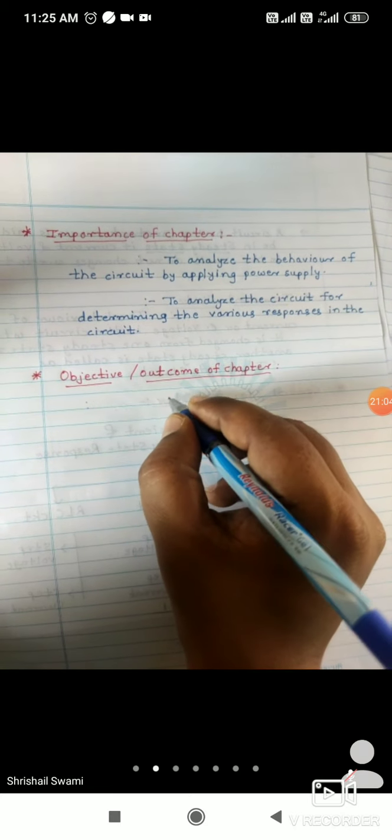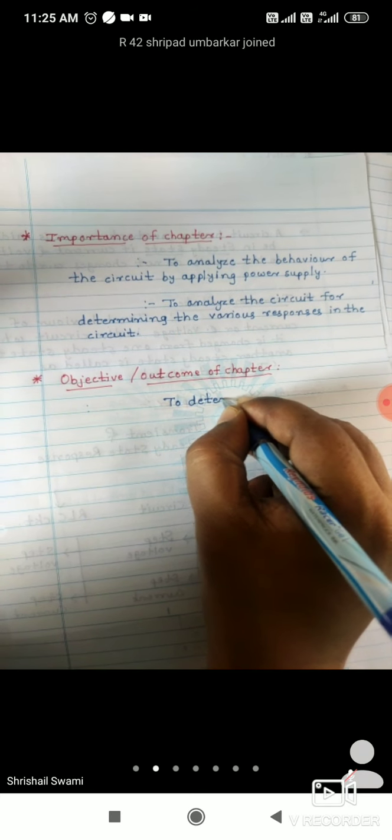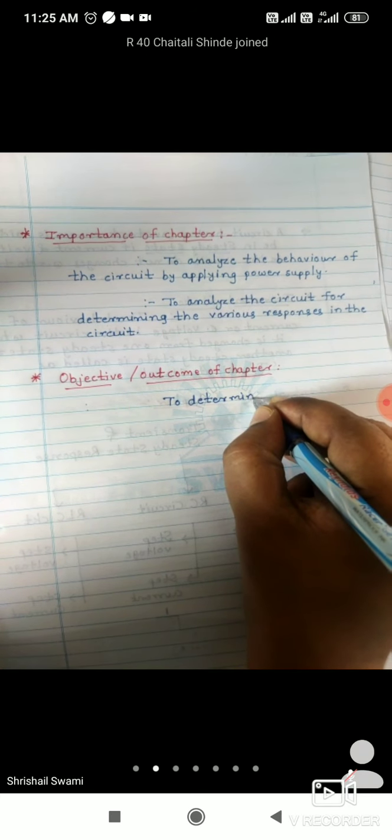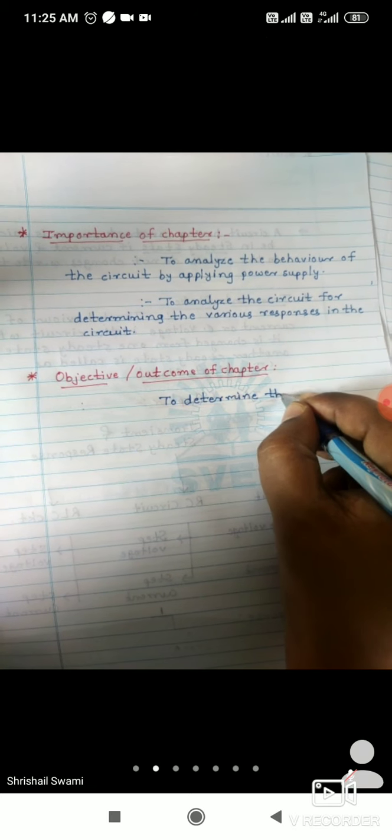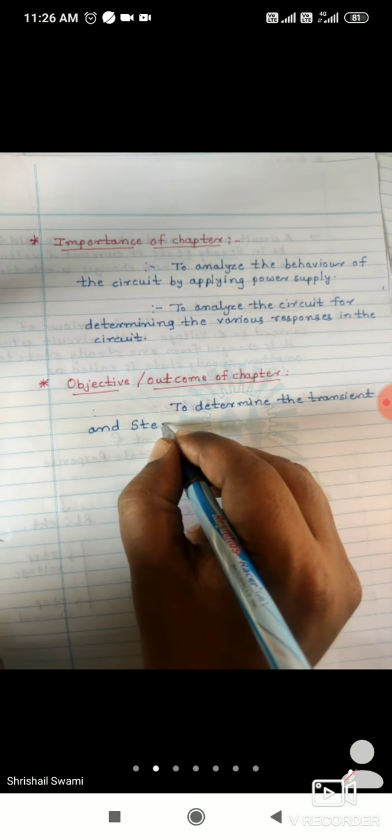The objective or outcome of this chapter is to determine the transient and steady state response.